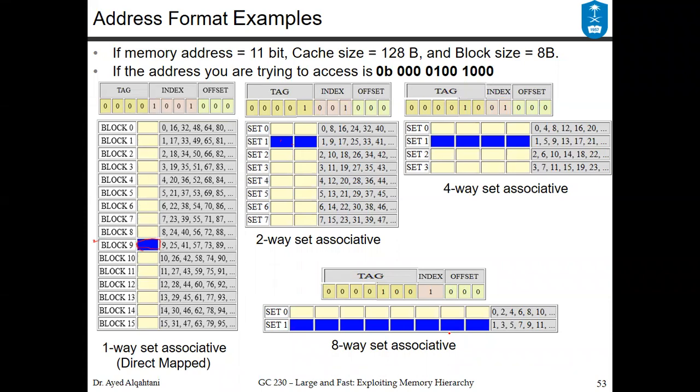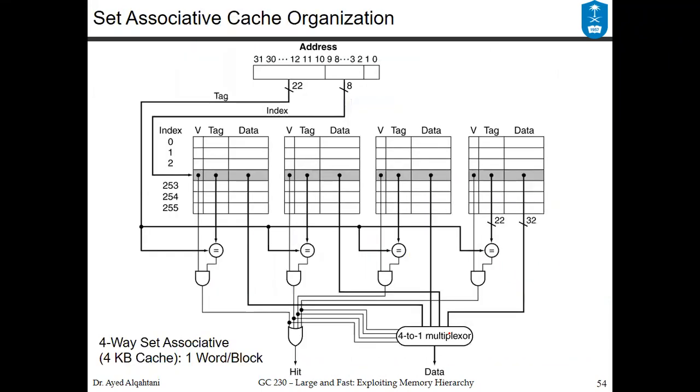Now, this is another example. This is a set associative cache organization where you have a 4-way set associative, 4 KB cache with 1 word per block. This means that you have 4 bytes inside each block, which means that you need 2 bits in the offset, and these are the 2 bits.